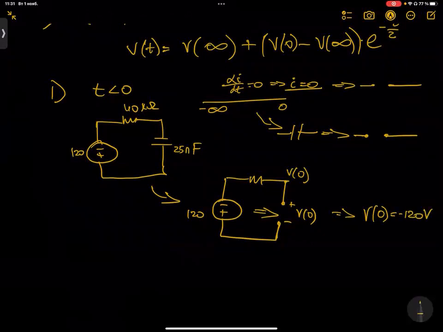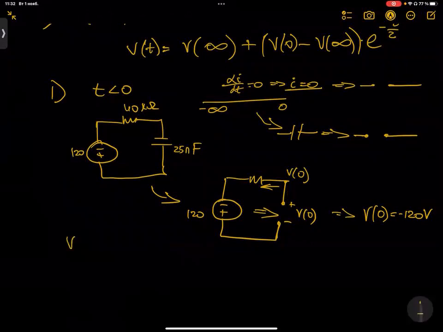Using the node voltage method, current always goes to the left, because by the definition of node voltage current goes out of the node, but no current goes to the open circuit. So we only have this current.